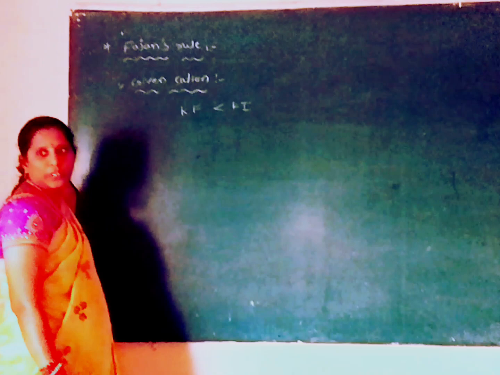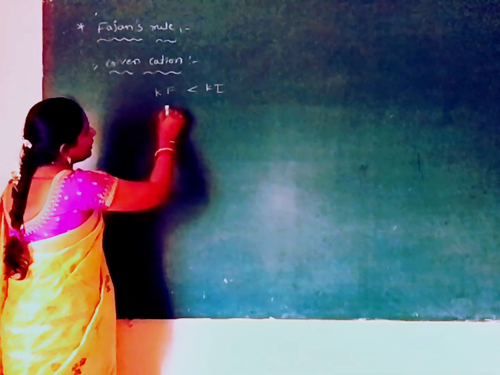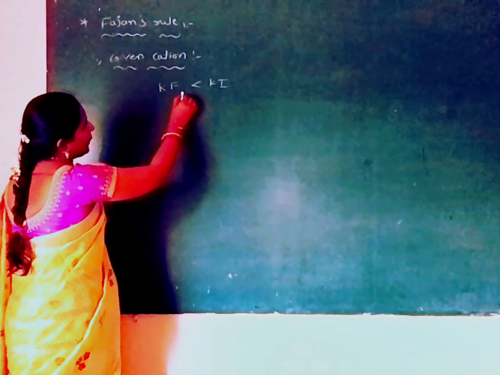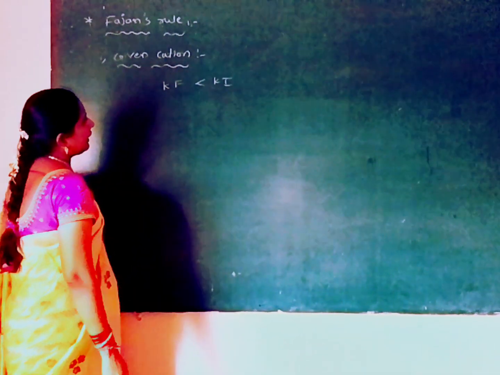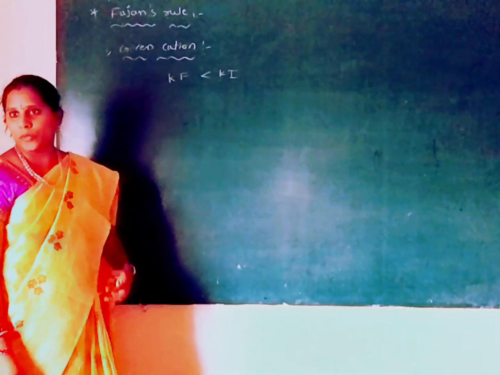So potassium fluoride has less covalent character than potassium iodide.